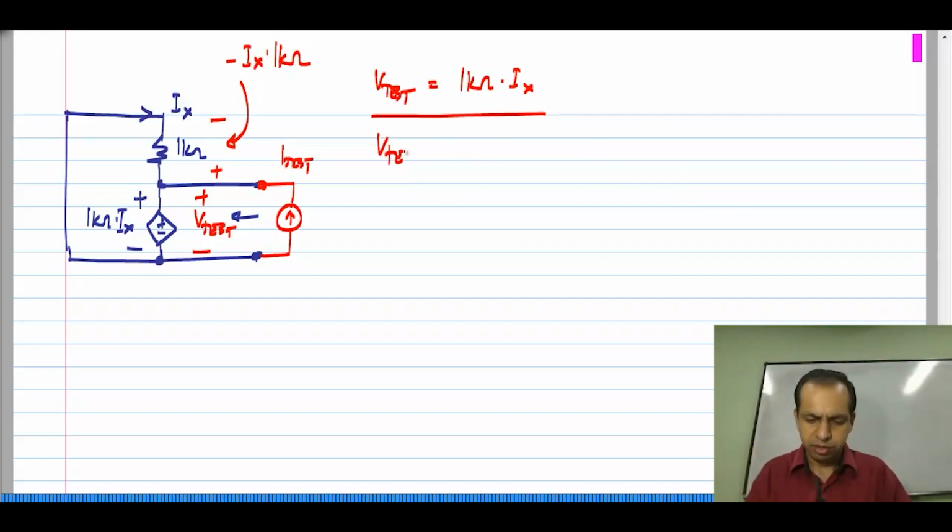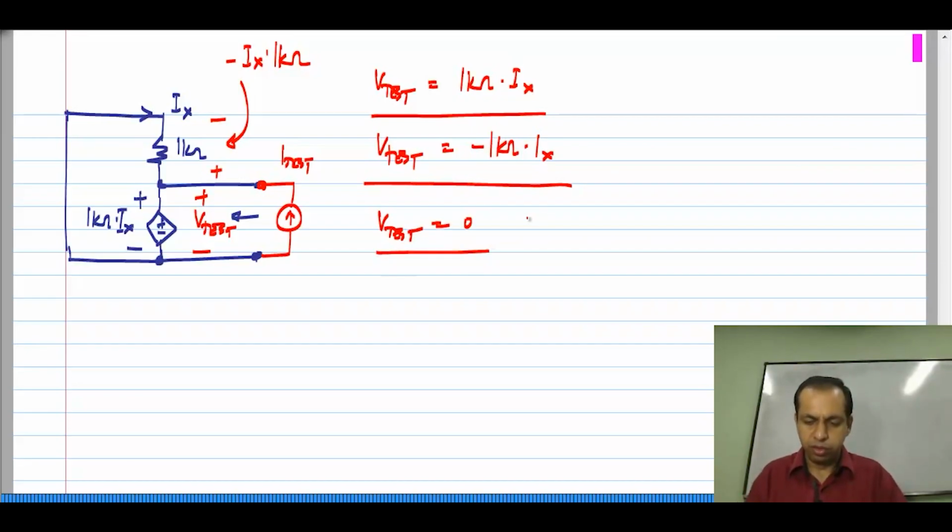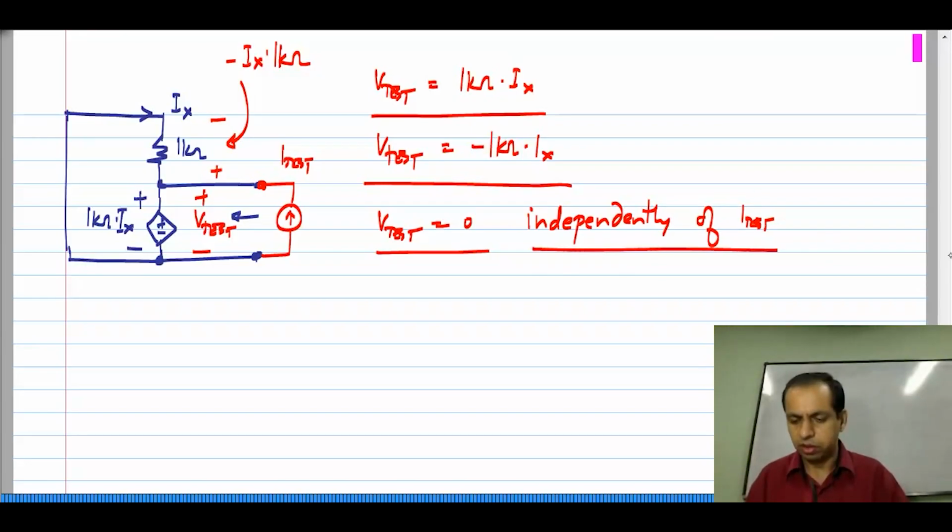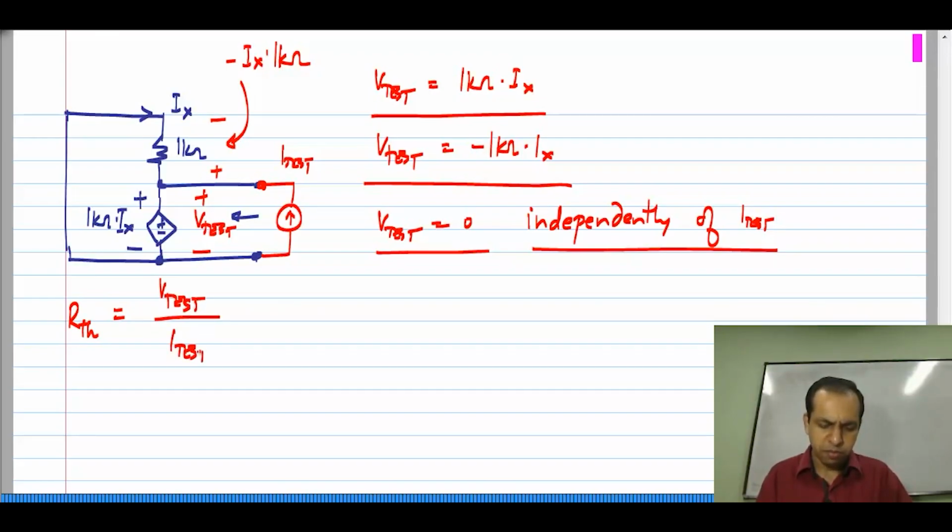So, V test is also equal to minus 1 kilo ohm times Ix. Okay. So, by adding these two, V test will come out to be 0 independently of I test. Okay. So, that means that the Thevenin resistance, which is V test divided by I test, will be equal to 0 ohm.